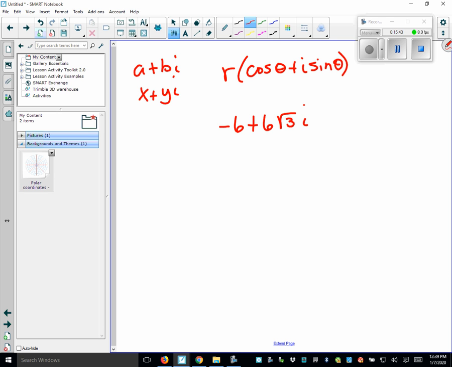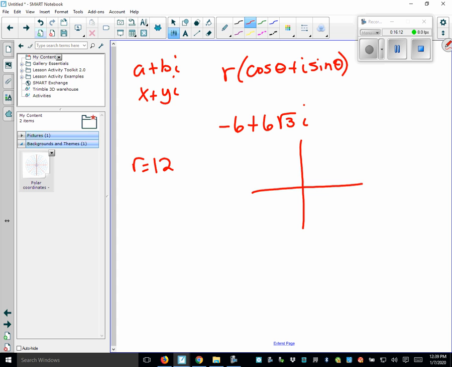I still got some that aren't agreed. Let's give them just a minute. Did you get 12 that time? All right, so r is 12. What quadrant is that in? Quadrant 2.